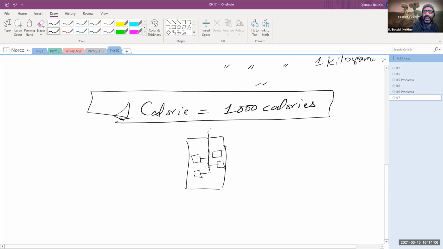So he ran a string around it, and then he conducted this around the pulley, and then he put a mass in here. Obviously, it has weight, mg, okay? And he dropped it from a certain height.